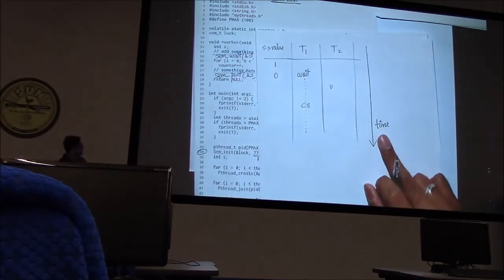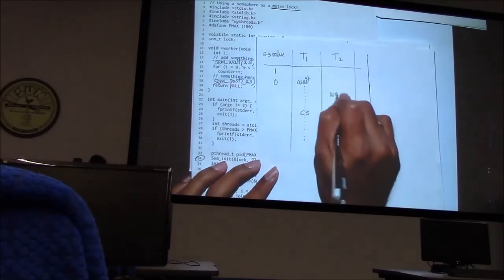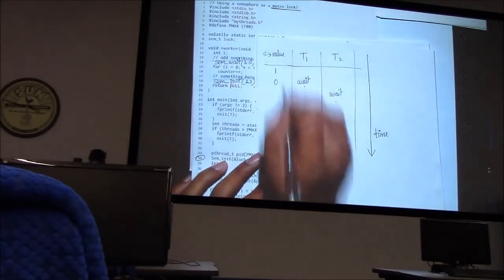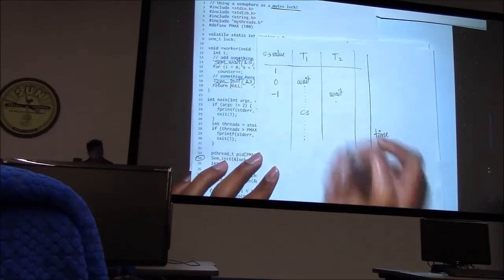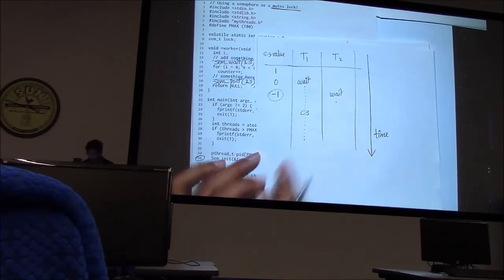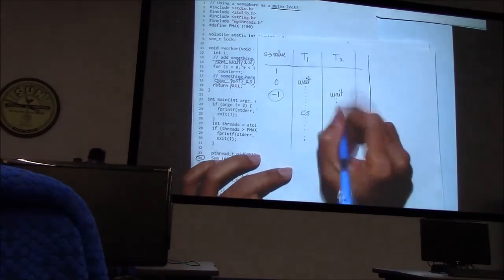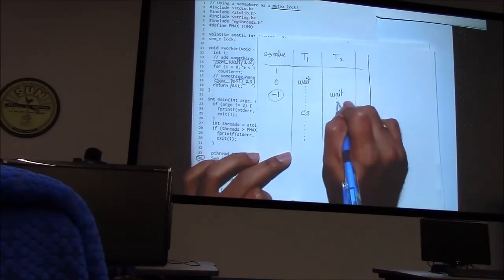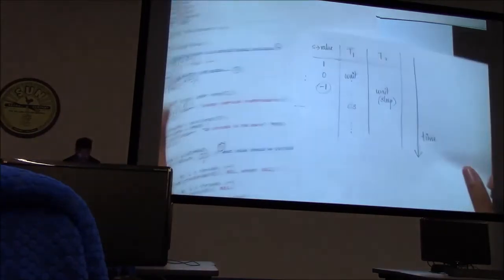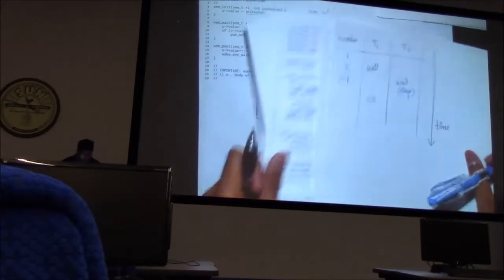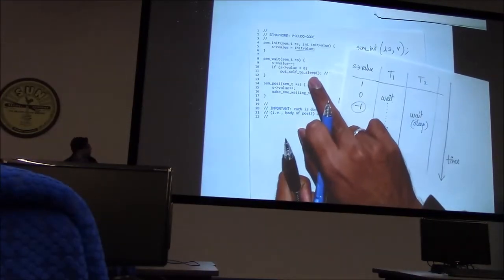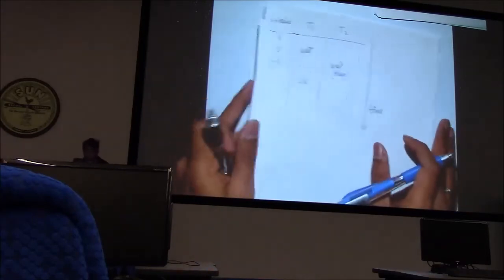If thread 2 calls wait at the same time, then the value of the semaphore is going to become -1, and clearly -1 is less than 0, and so this thread can't enter the critical section, but in turn it just goes to sleep. Based on the definition of the semaphore, if that value is less than 0, then immediately the thread will go to sleep. Okay, so now this thread has gone to sleep.